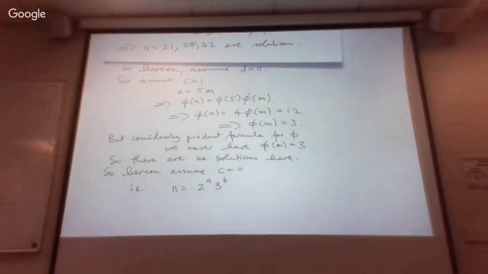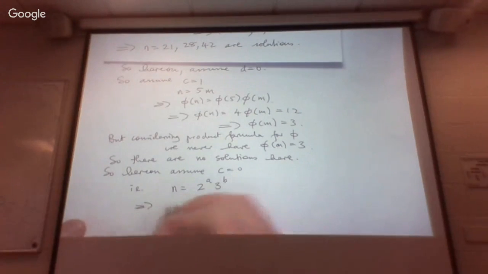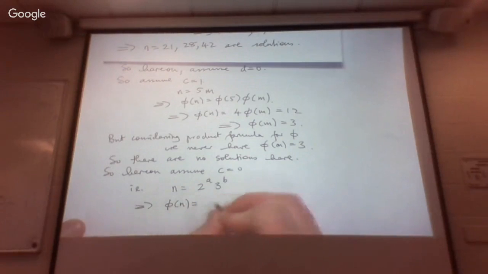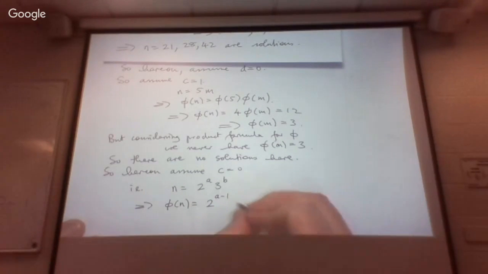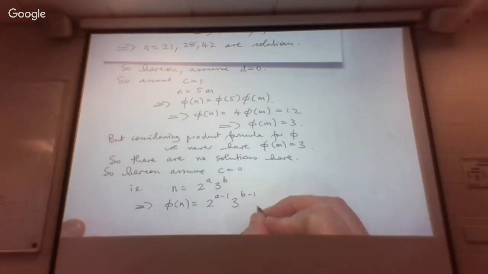We can tackle this directly now, because that implies phi of n is 2 to the a minus 1 times 3 to the b minus 1 times a 2, another 2, so it's 2 to the a times 3 to the b minus 1.